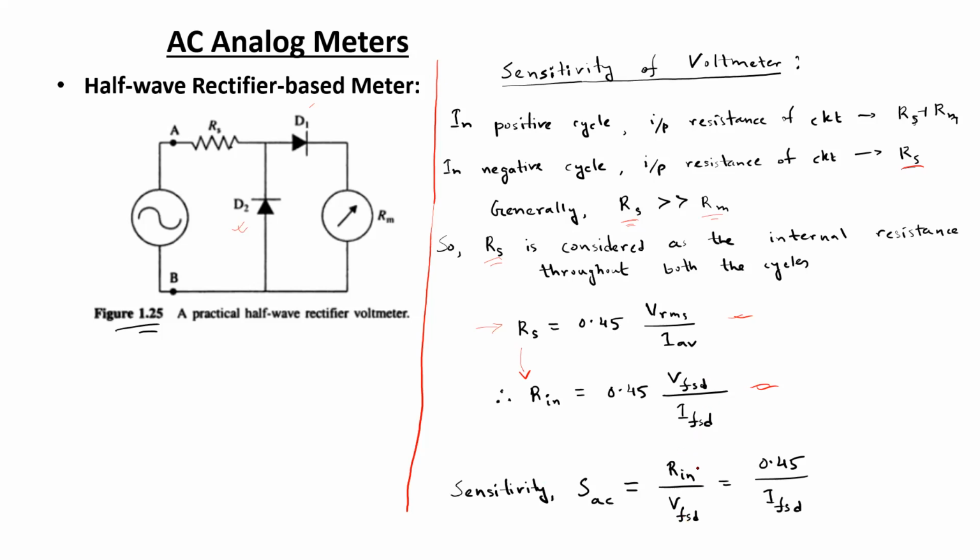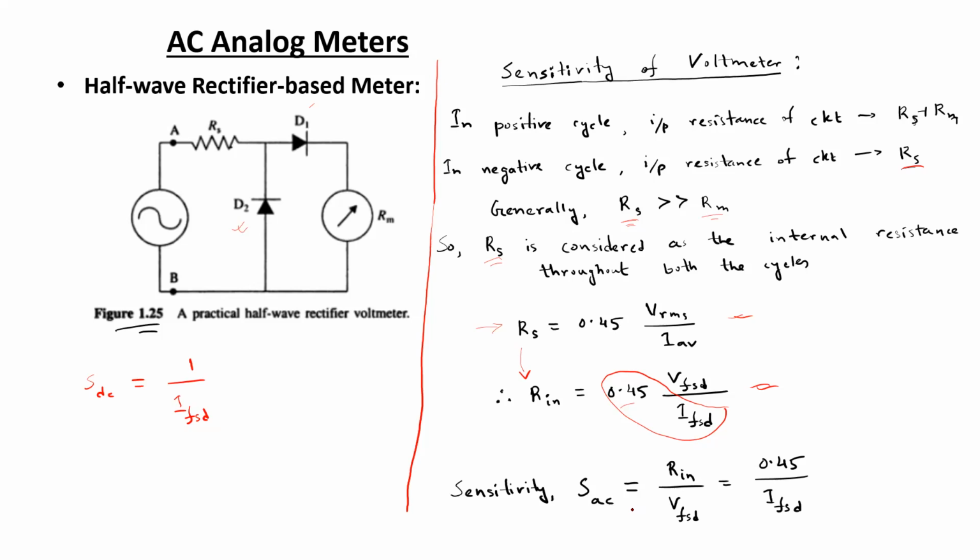From here, we can easily write the expression of the sensitivity to be 0.45 divided by IFSD. Now, if we compare it with the sensitivity of the DC voltmeter, in case of a DC voltmeter it was 1 divided by the full scale deflection current.